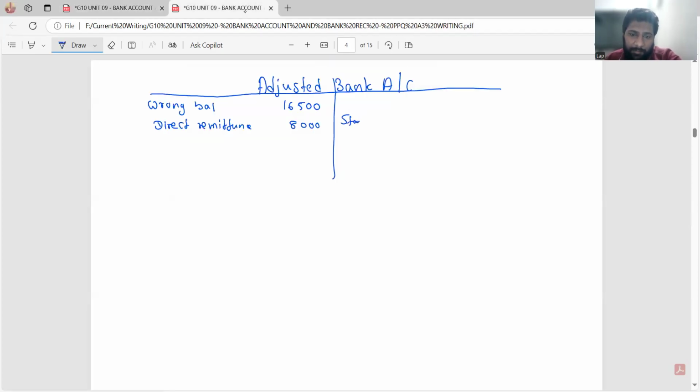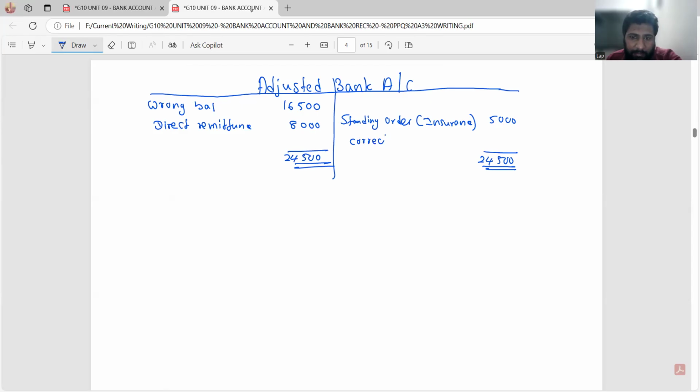Standing order payment for the insurance. The amount is 5,000. Then here 24,500.